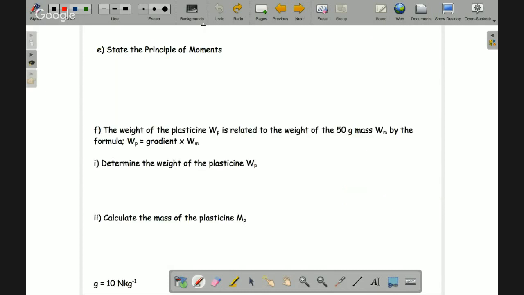Okay, so state the principle of moments. If you could remember this. What does the principle of moments say? One of y'all could put it in the chat.